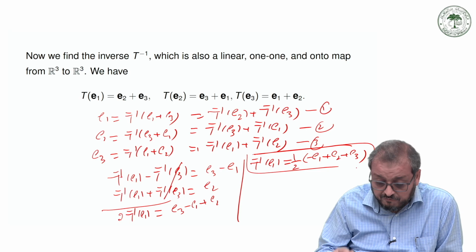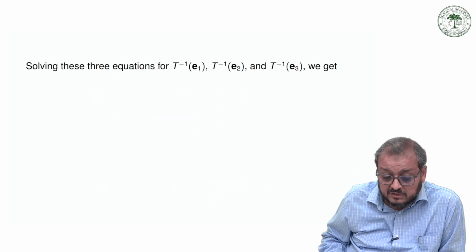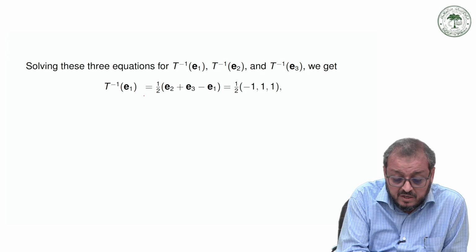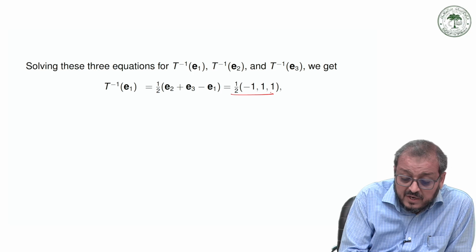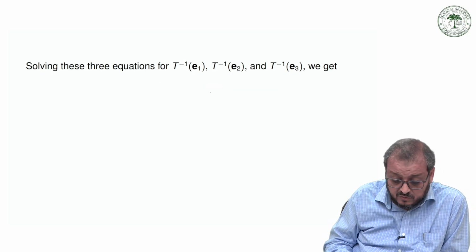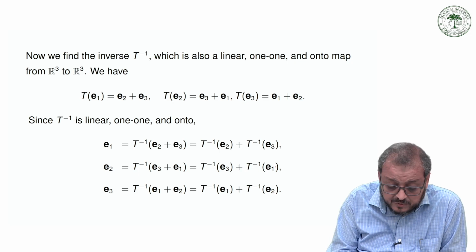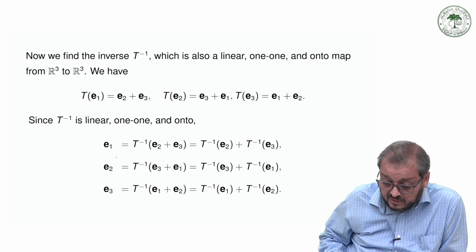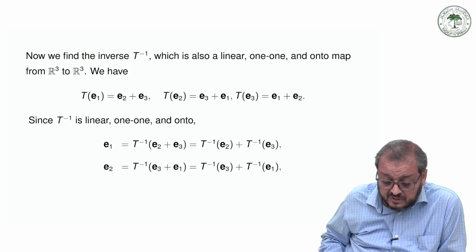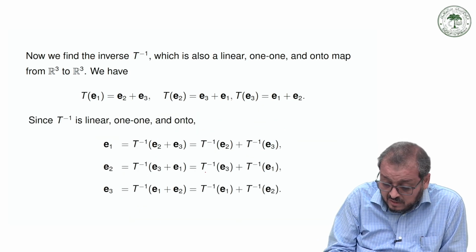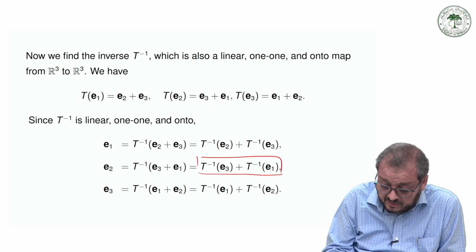So T inverse E1 is equal to this. Now similarly we can find the value for the others. Substituting T inverse E1 here, we take the relation for T inverse E3 and the other relation.